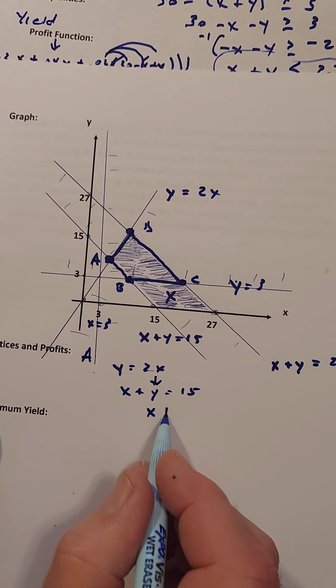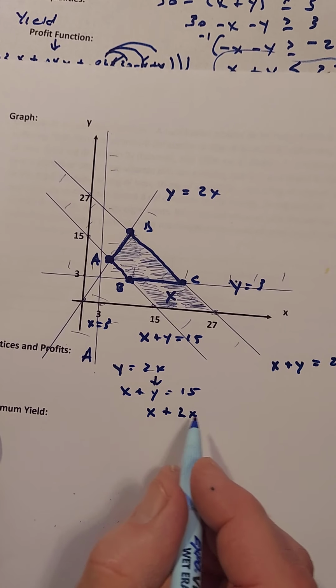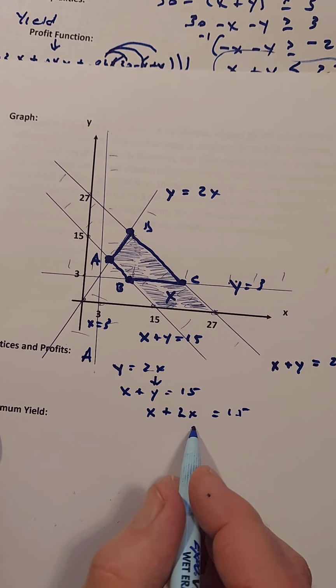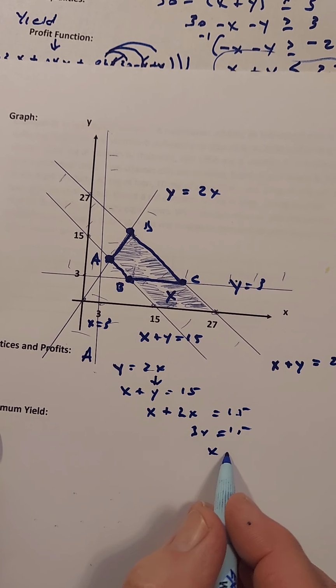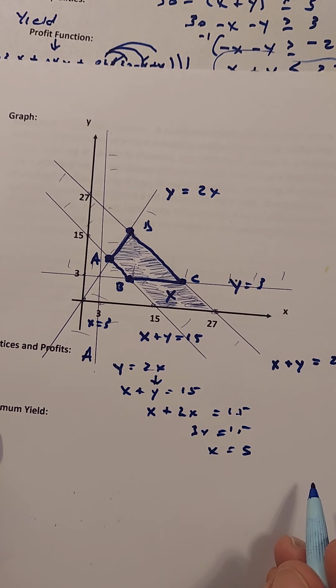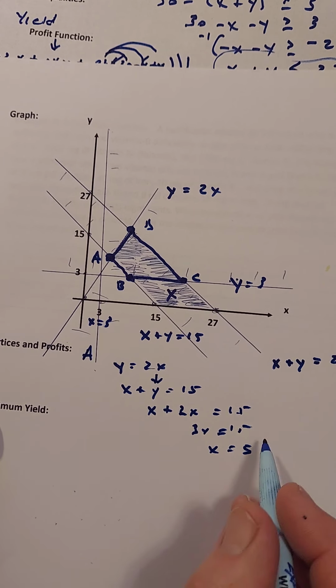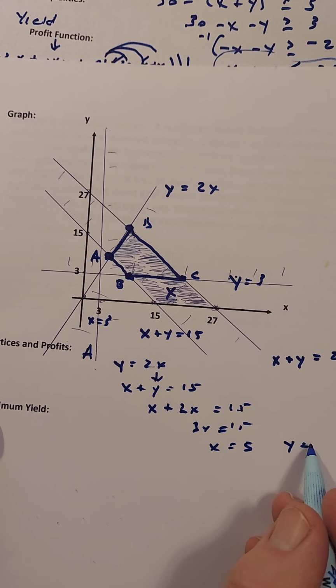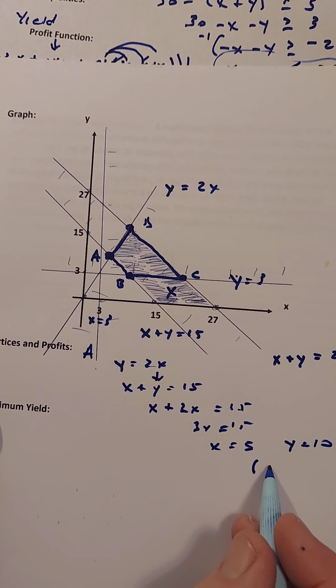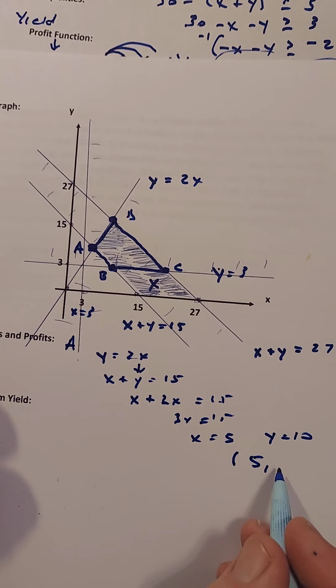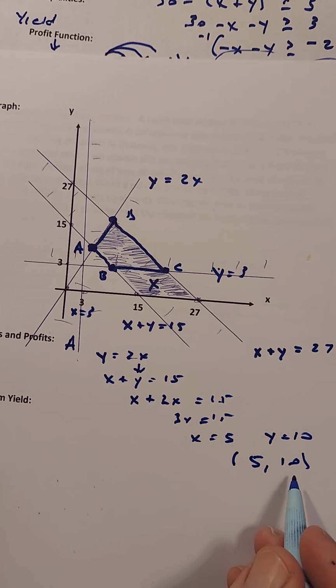So it becomes x plus 2x equals 15. 3x equals 15, which means x equals 5. And if x equals 5, then y would have to be equal to 10 because they add up to 15. So this point would be (5, 10).